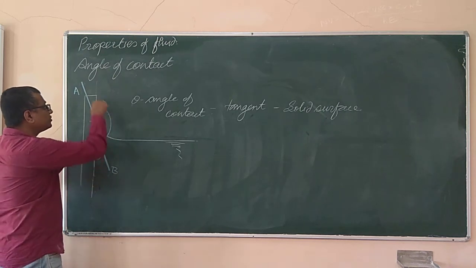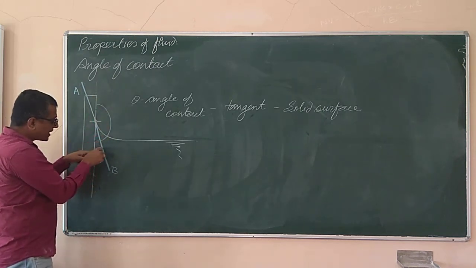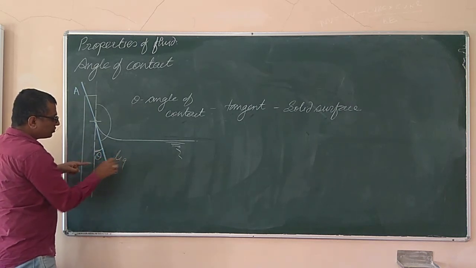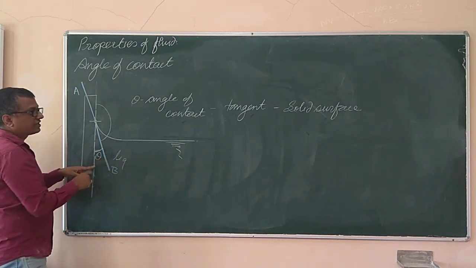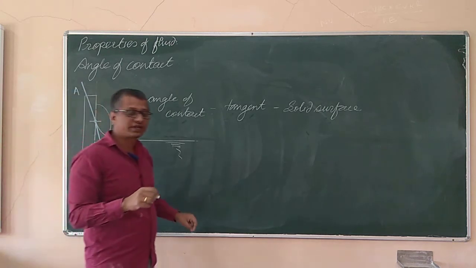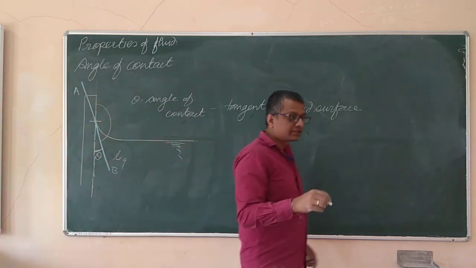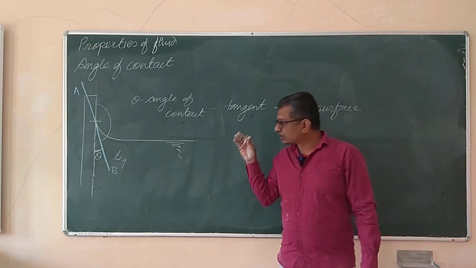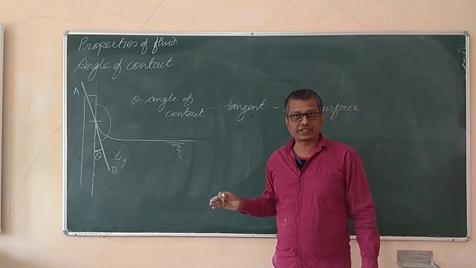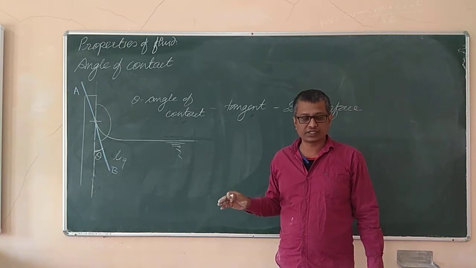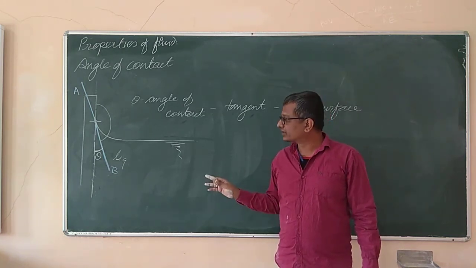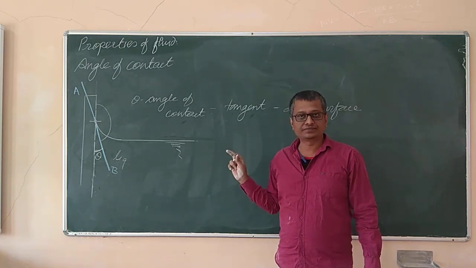This angle is taken into the gaseous region, whereas this angle is taken in the liquid region. So that angle has to be in the liquid region, and that's the definition of the angle of contact. That is the angle of contact theta.